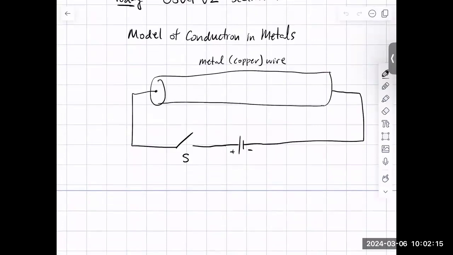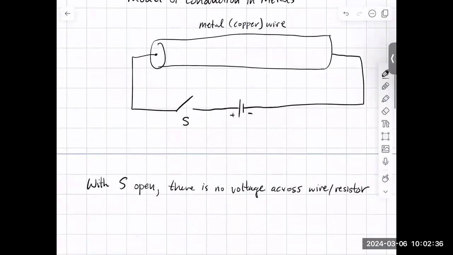So, with S open, there is no voltage across our wire/resistor. And the electric field inside the conductor is going to be equal to 0.